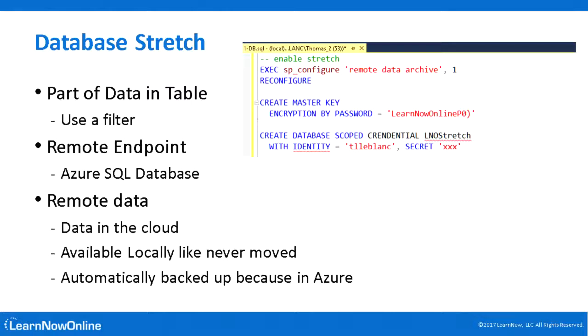The next thing is to create a database scoped credential for your local database. You have to use the identity, and secret is actually the password that you use inside of Azure. So when you create your Azure database and Azure server, you have to provide an administrative name, which is identity here, and secret, which is password, in order for other people to have access.